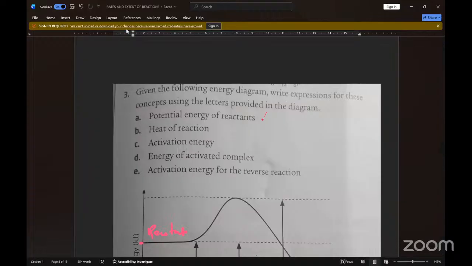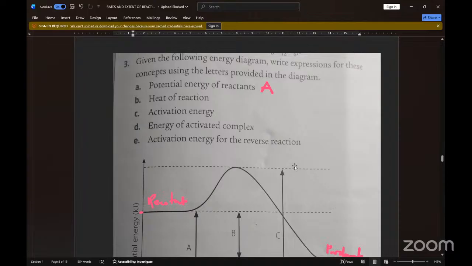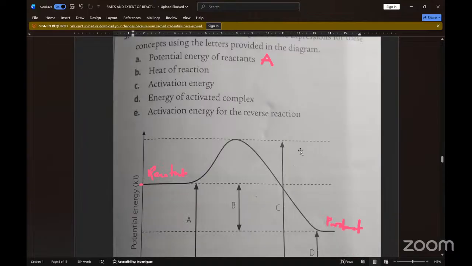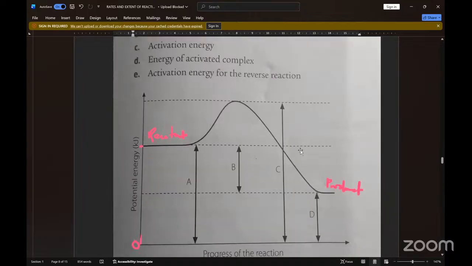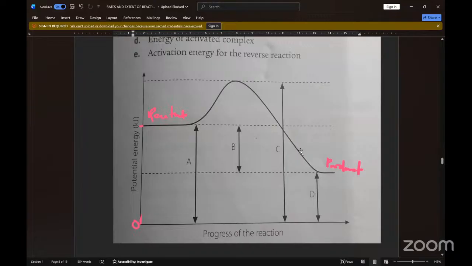So this is A. Okay? So this is A. Then we talk about heat of reaction. The heat of reaction is the difference between the energy levels of the products and the reactants.